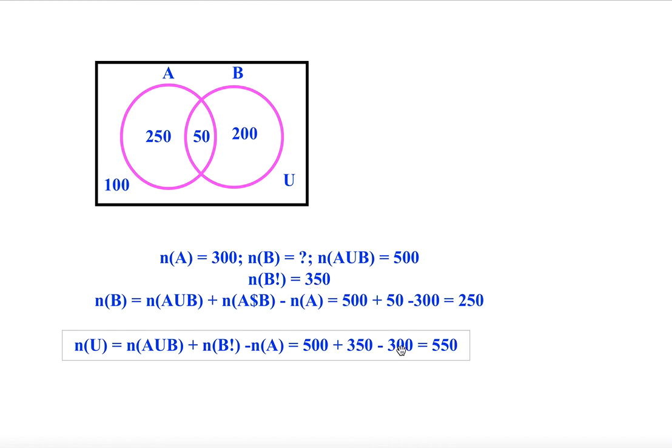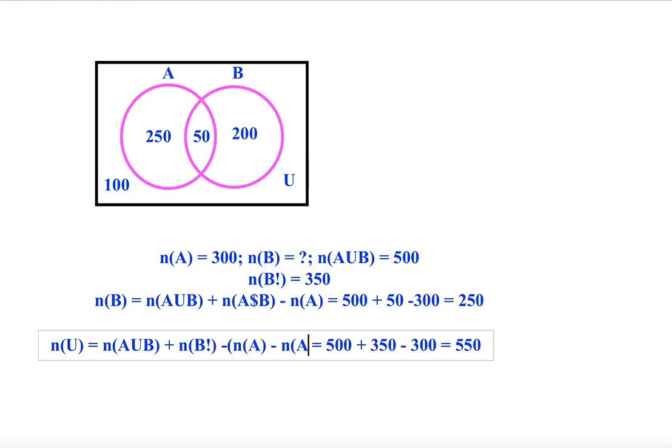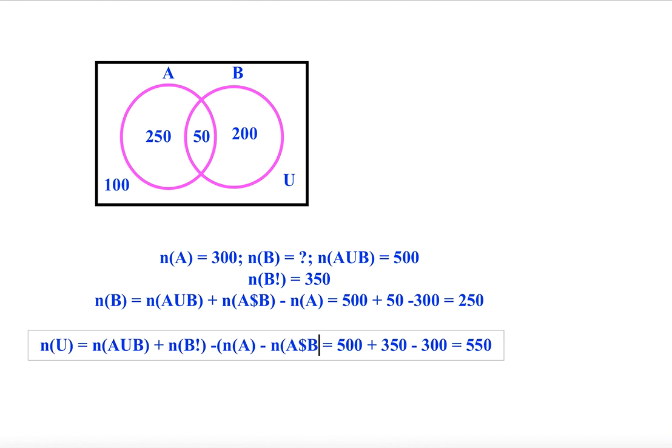N of A is 300. No, this is not N of A. N of A minus N of A intersection B. Oh, sorry, that's my fault, just an overlook error. Now the formula is quite correct.